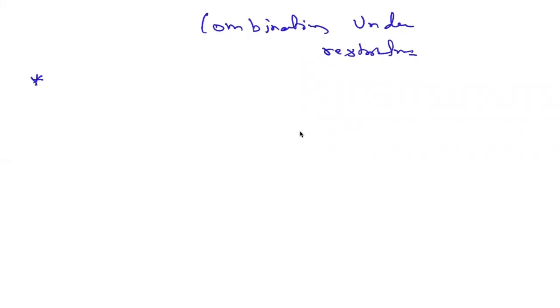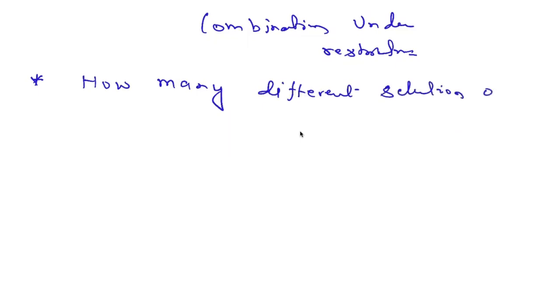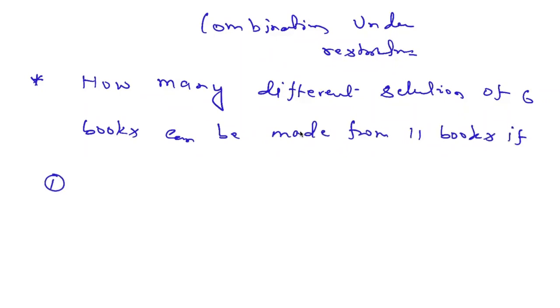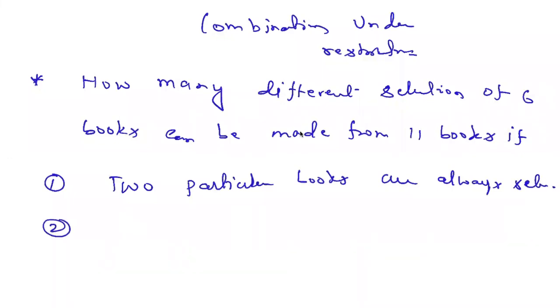The question I'm just putting for this: how many different selections of 6 books can be made from 11 books if, case first, 2 particular books are always selected, second, 2 particular books are never selected. It's a very simple question, right?